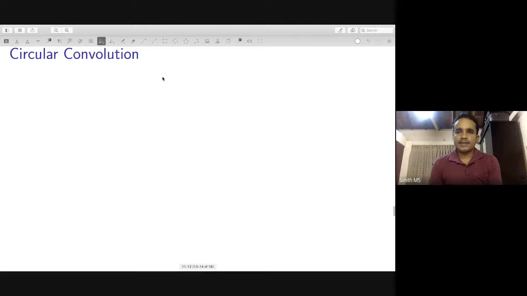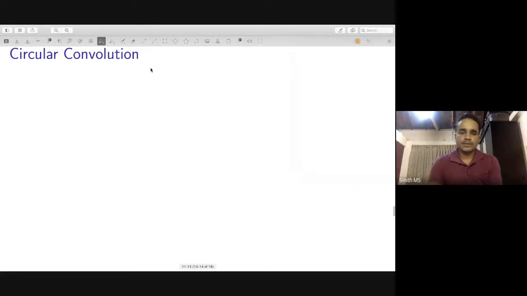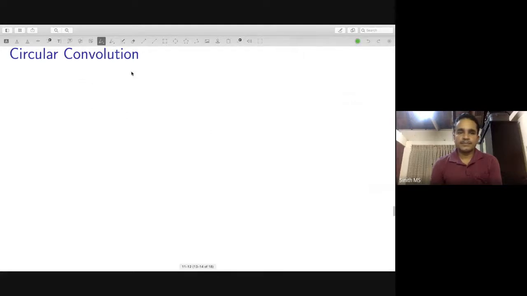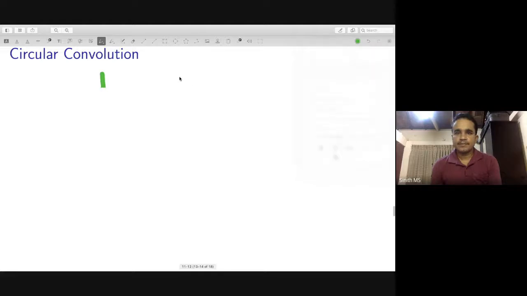So suppose you have some signal x[n]. Here you have four, here you have two, here you have three, and here you have one, at positions 0, 1, 2, 3.